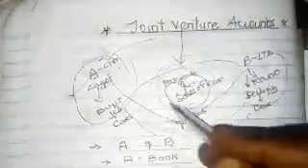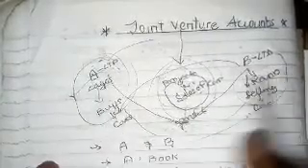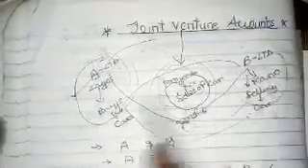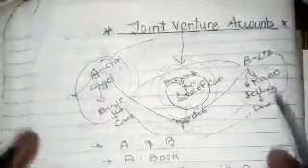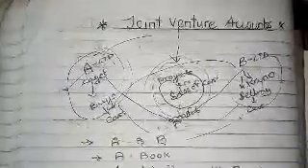That business activity is called a venture. Then the parties to the venture are called venturers.